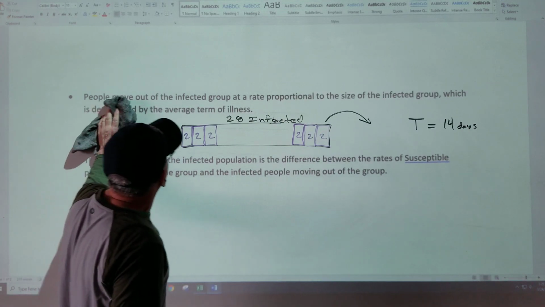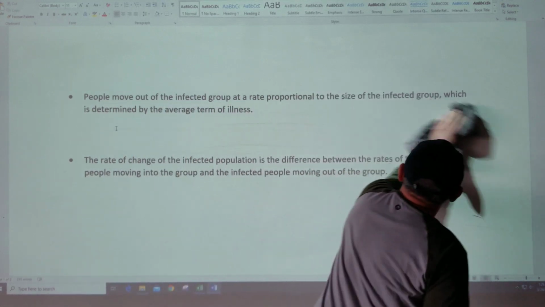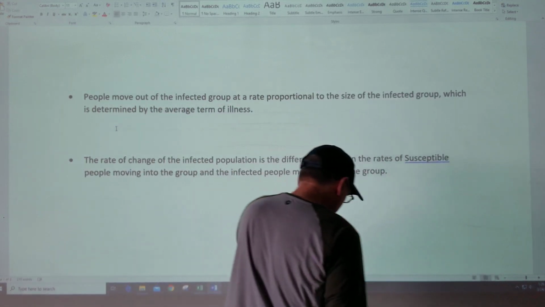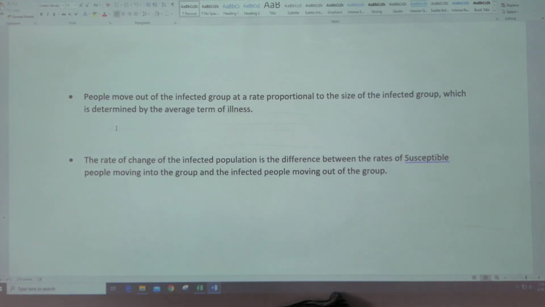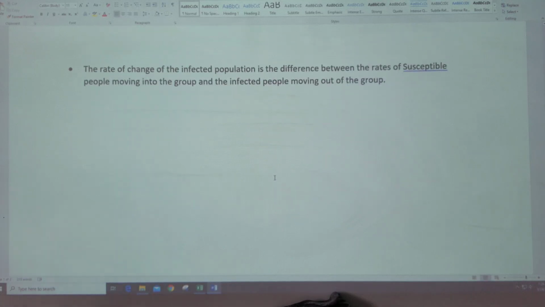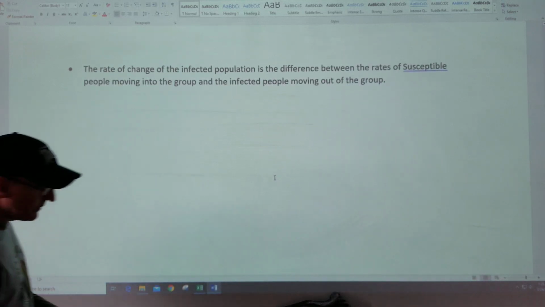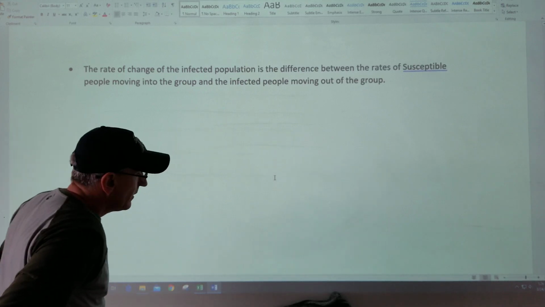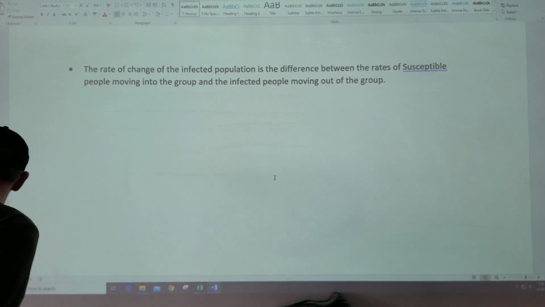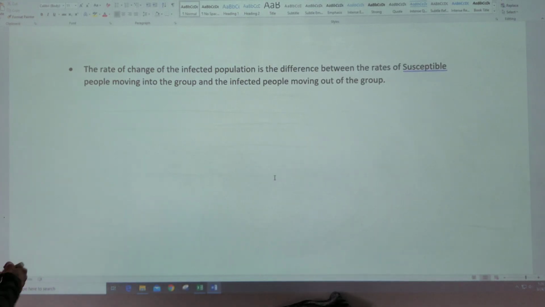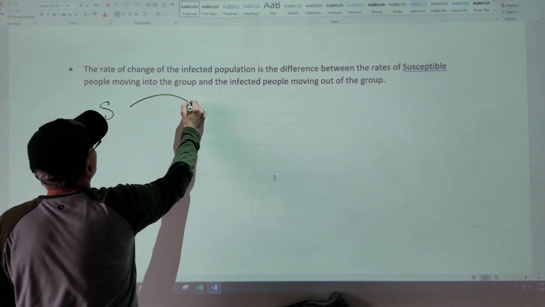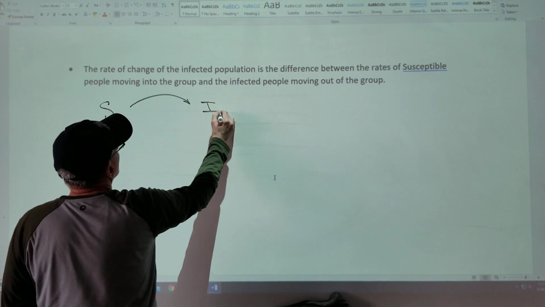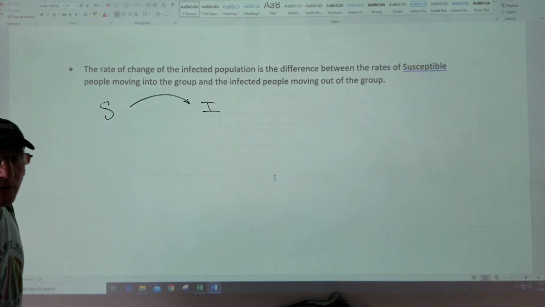So, let's write down some differential equations here. Well, let's get to the final group here, and then we'll write some differential equations. So we have a susceptible group to start with, and we know that they transfer into the infected group. At what rate did we say?